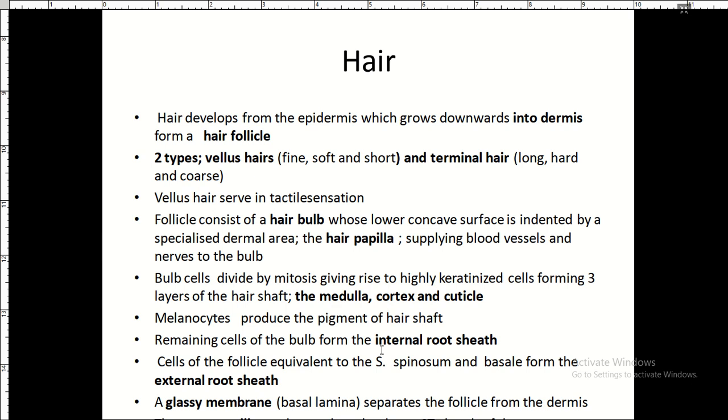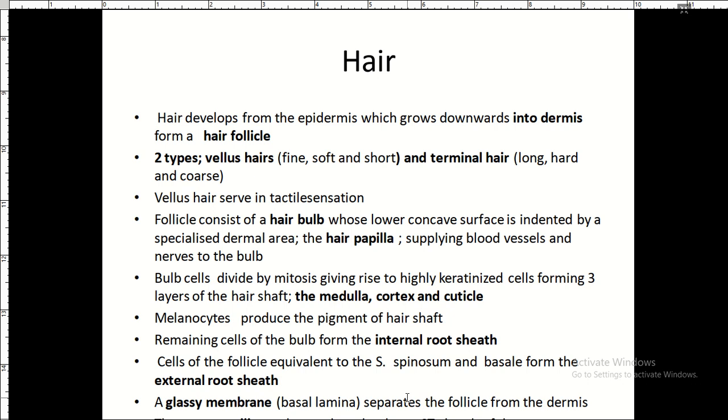So the follicle of the hair consists of a hair bulb, right? And this hair bulb has an indentation of dermal area that will be supplying blood vessels and nerves to the hair bulb. So that region is called the hair papilla. You understand?